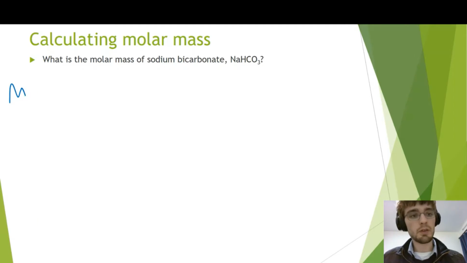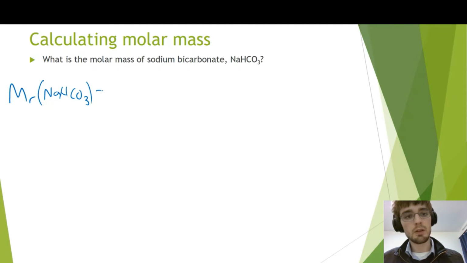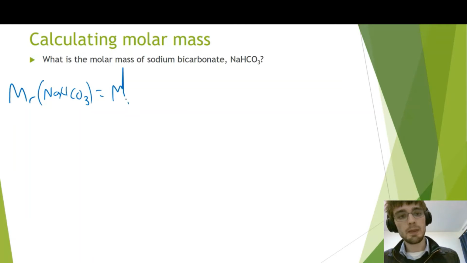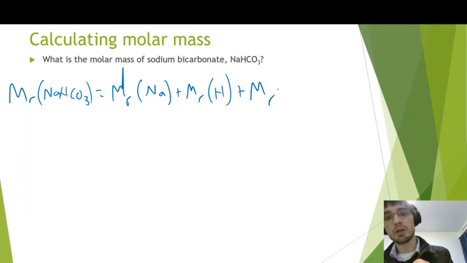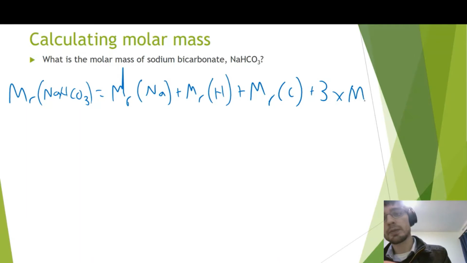So for this, the molar mass of sodium bicarbonate is equal to adding all of them together, like this. So we've got 1 sodium, 1 hydrogen, 1 carbon, and 3 oxygens.